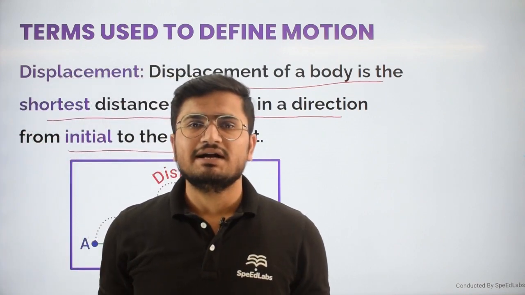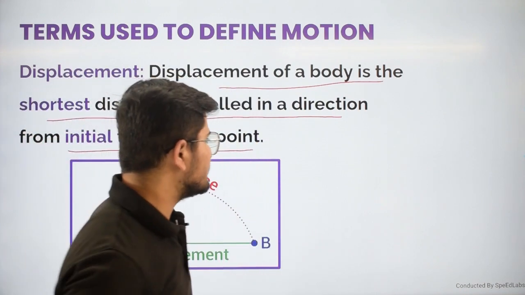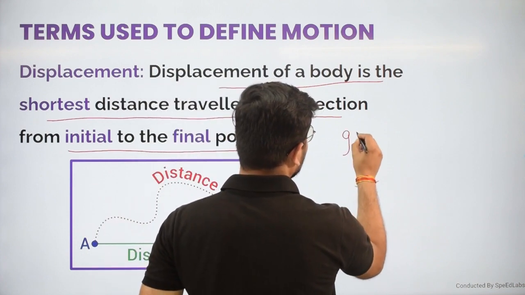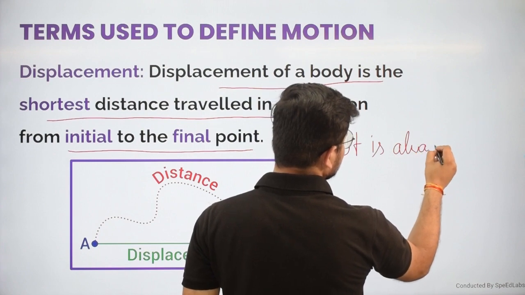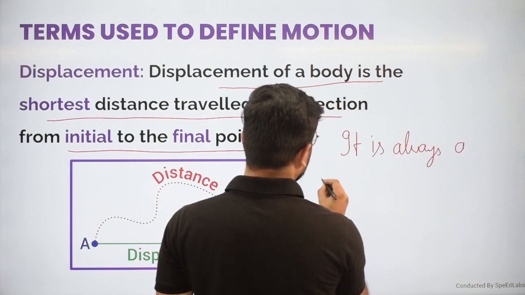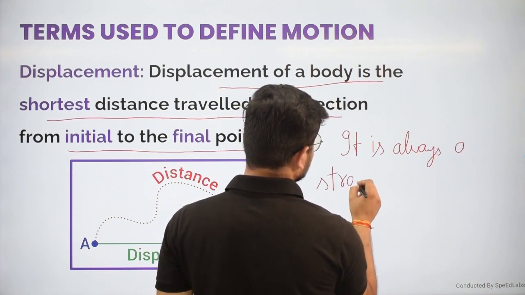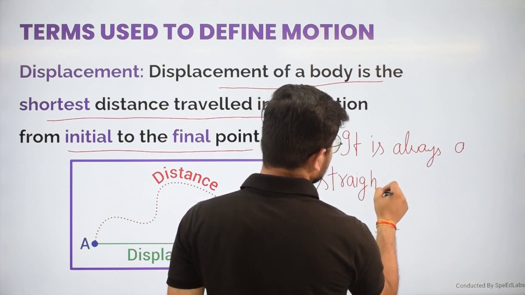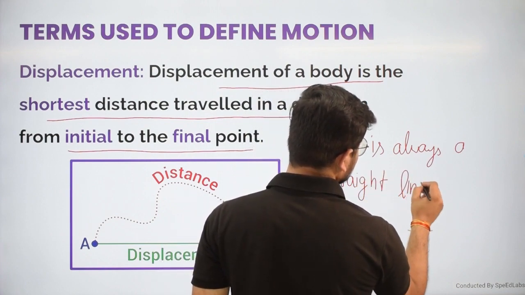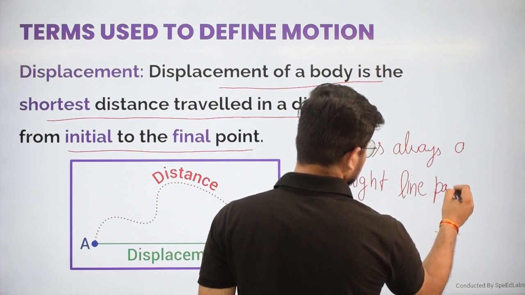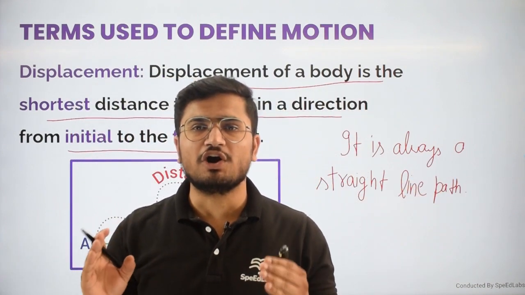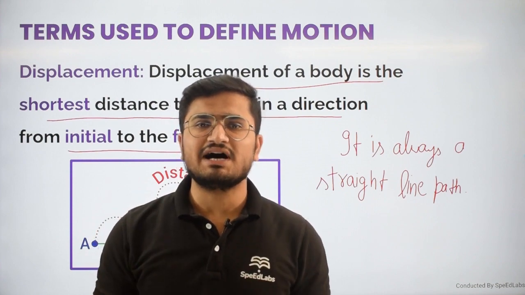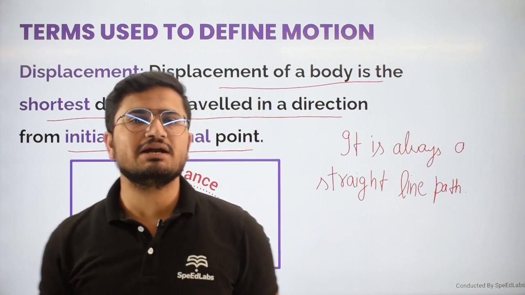Remember one more thing: it is always a straight line path. What is displacement? It is a shortcut, you can say. Shortest path from initial to final point.